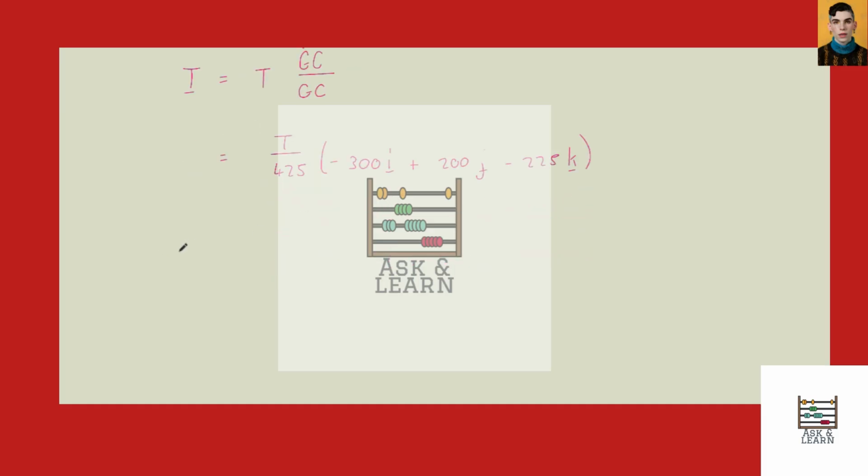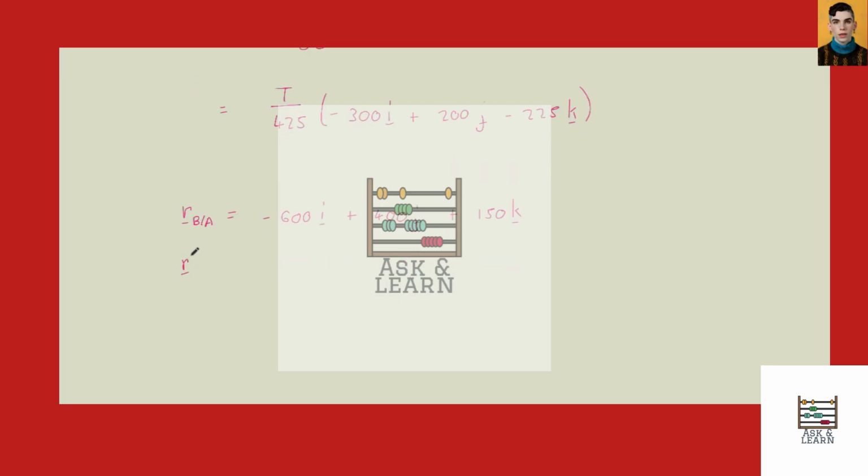Now we need to express more vectors. So firstly, the position vector of B relative to A, RBA, is minus 600I plus 400J plus 150K, and that's in millimeters.